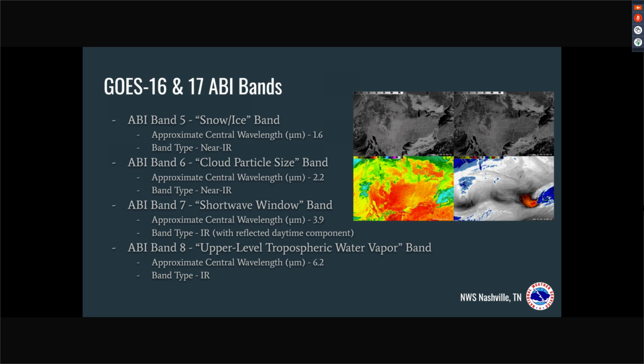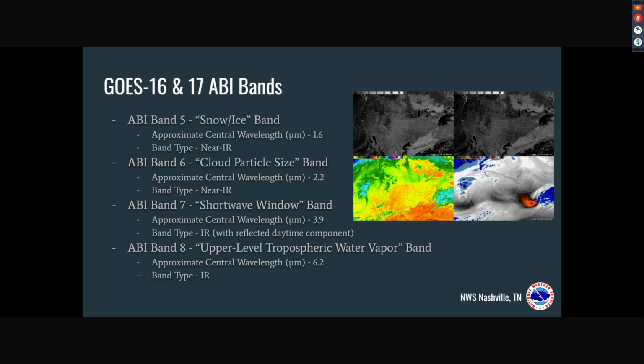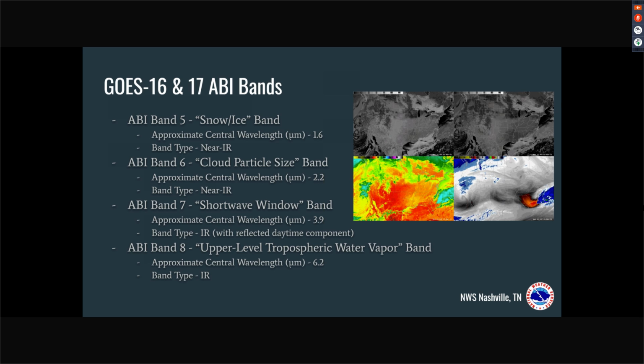But the really cool thing about this band is it has different characteristics during the daytime and nighttime. So as the sun's going up, you can see that there's more vibrant colors, and that's because the daytime is actually helping to reflect more energy. So we're kind of picking up on that still. But we're able to use it during the nighttime. So it is a very unique band that way.